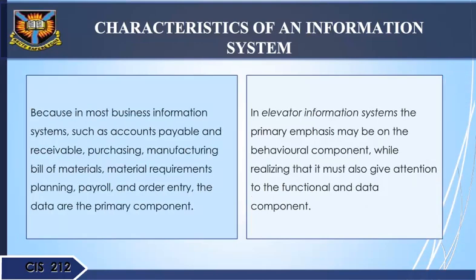Because in most business information systems, such as accounts payable and receivable, purchasing and manufacturing, bill of materials, material requirements planning, payroll and order entry, the data are the primary component. In elevator information systems, the primary emphasis may be on the behavioral component, while realizing that it must also give attention to the functional and data component.